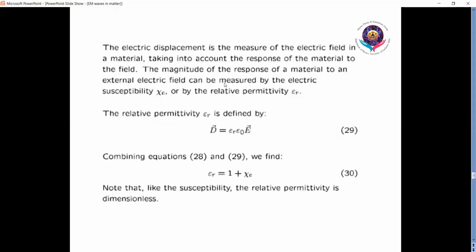And this electric displacement is a measure of the electric field in a material, taking into account the response of the material to the field, which is denoted by the susceptibility. And there is another quantity called the relative permittivity, which is defined in this way.